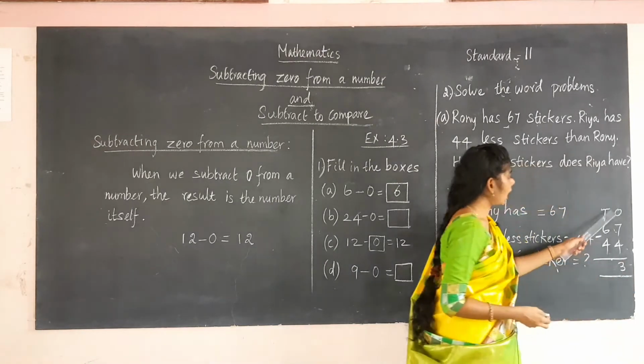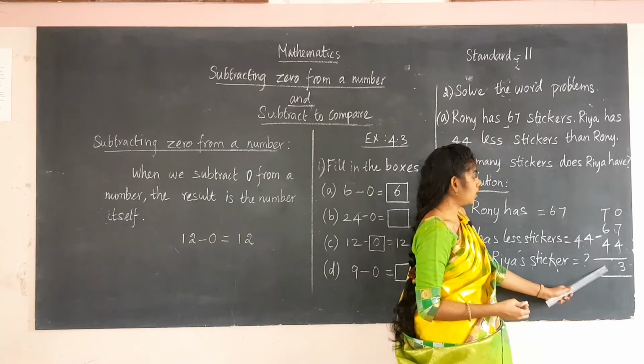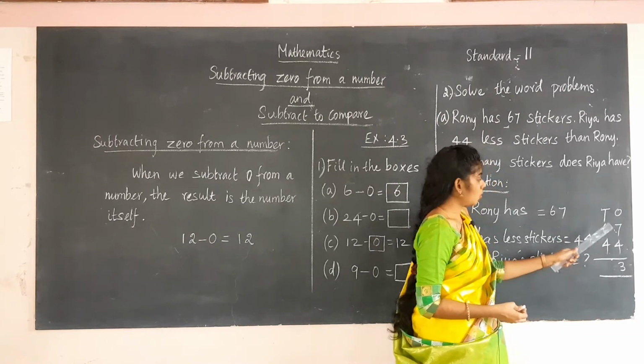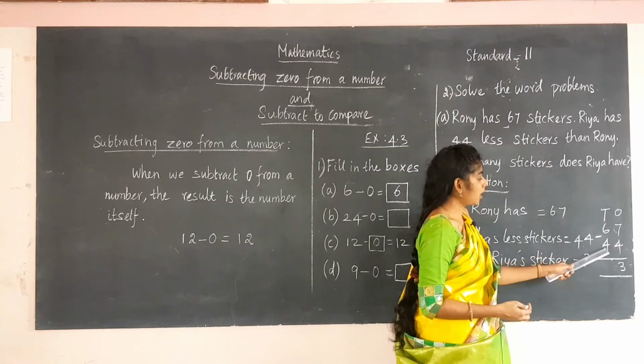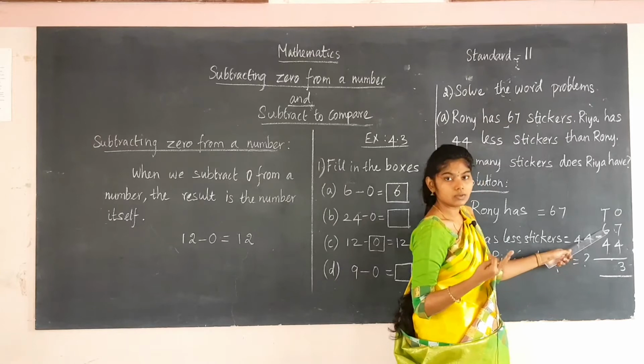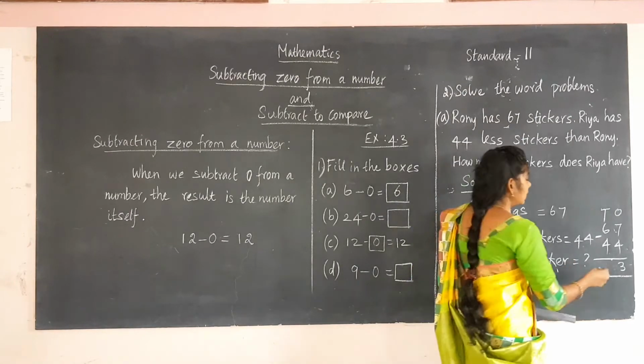And then after subtracting in the ones place, we have to subtract in the tens place. What is given in the tens place? 6 tens and 4 tens. So 6 should be in your mind and 4 on the fingers. Say before 6 is 5, 4, 3, 2. Now write 2 in the tens place.